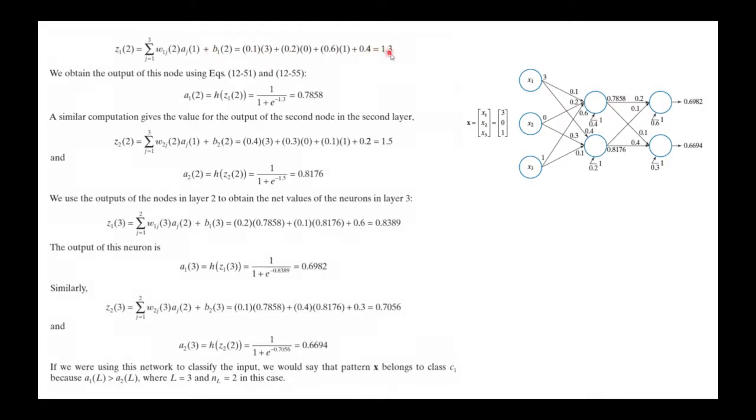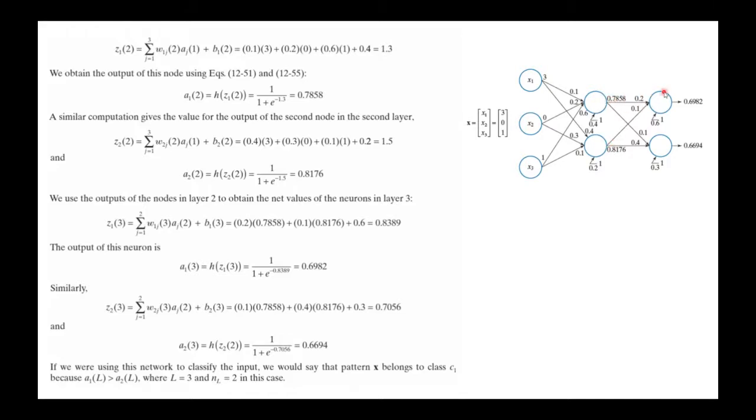This gives you the value 1.3. Assuming a sigmoid activation function, the output of this neuron will be 0.7858. The same thing for this other neuron here. It's going to get this value times this weight, this value times this weight, this value times this weight, do the sum of it all, and add it with the bias, which will give you this value.